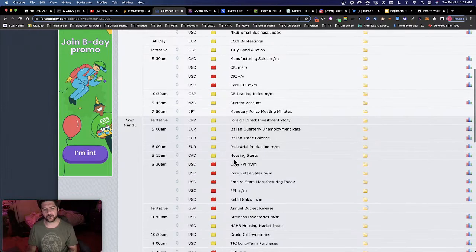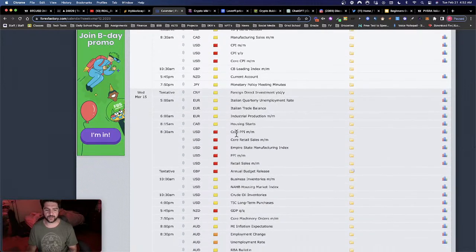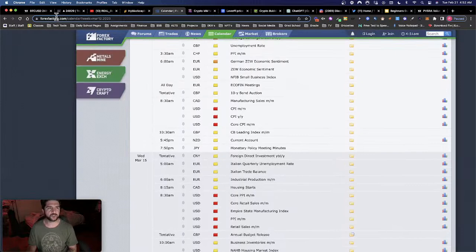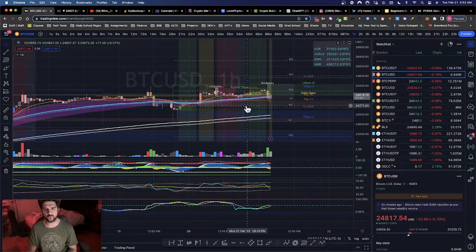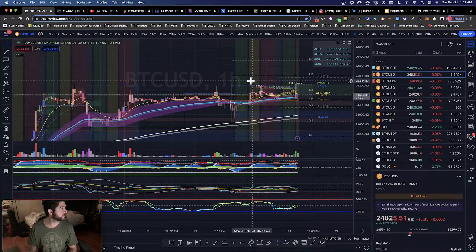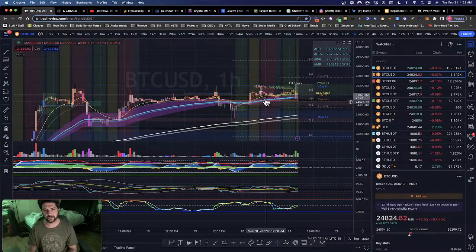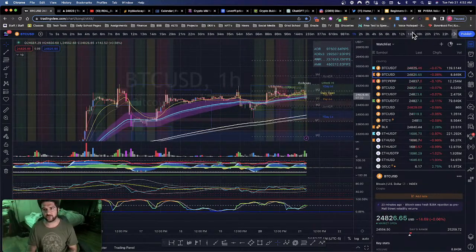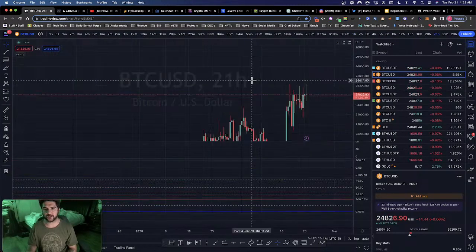That mid-March, I'm telling you, they're just setting up price for that. So if you make a move up to 27K, and it is the 21st, all they're doing is setting up price for that day.